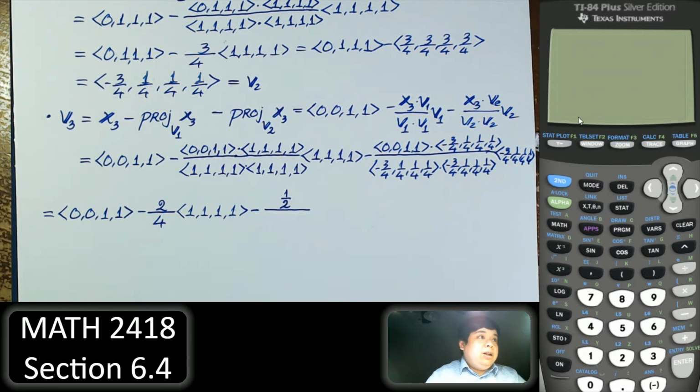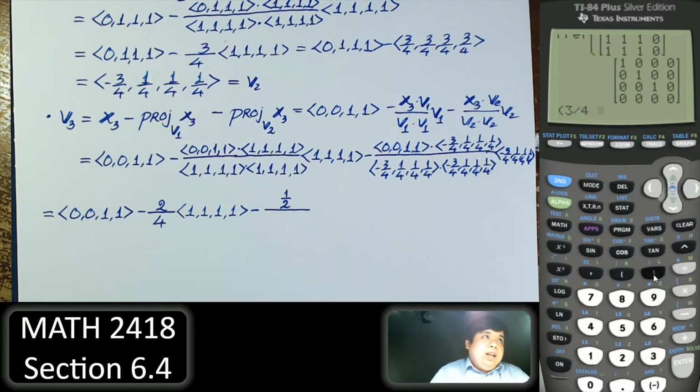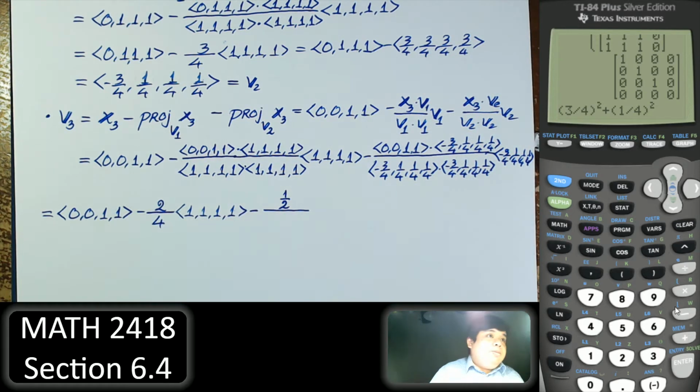Then the bottom is negative 3/4 squared plus 1/4 squared, and we have 3 of those. Oh, it's just 3/4.